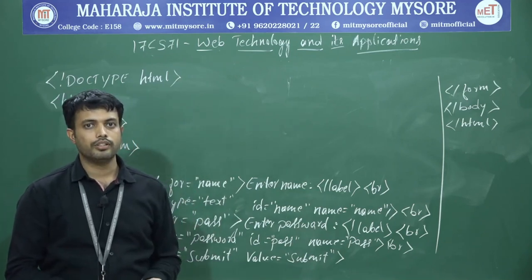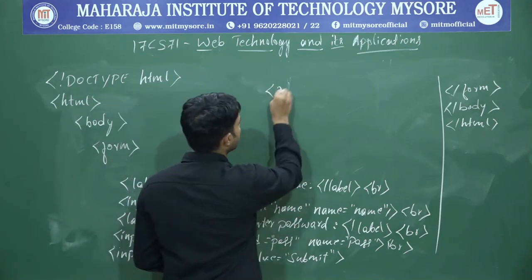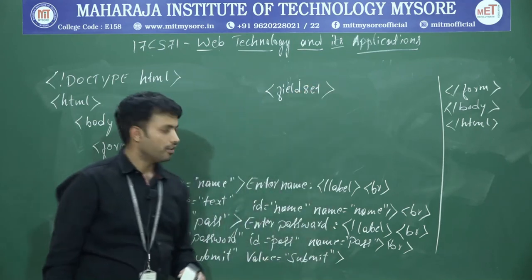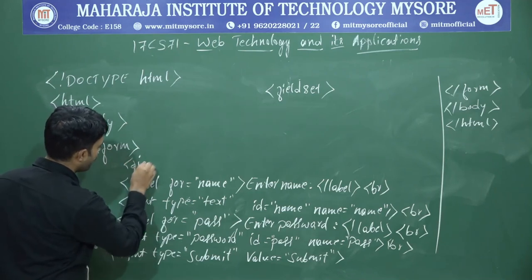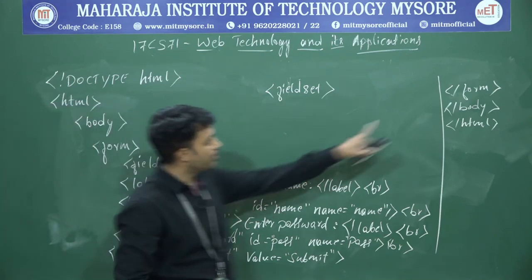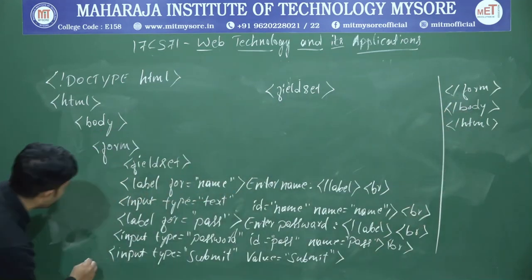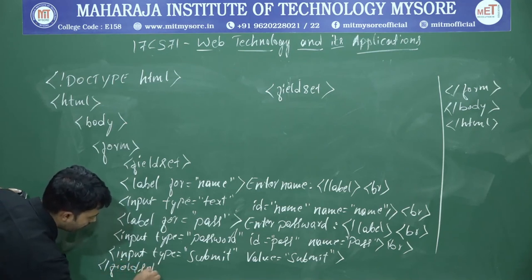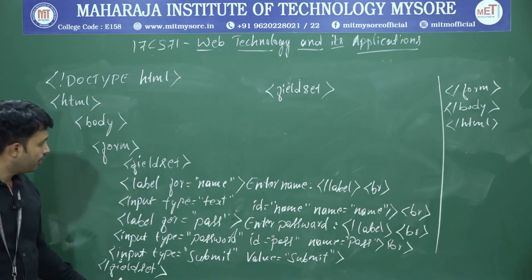Now I will modify the same program in order to group the elements. To group the elements, we have two more tags. The first one is fieldset. After this form, fieldset, and before closing this form, you write the closing tag of fieldset.